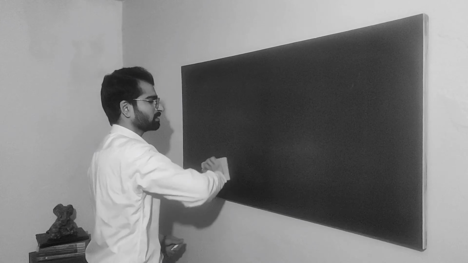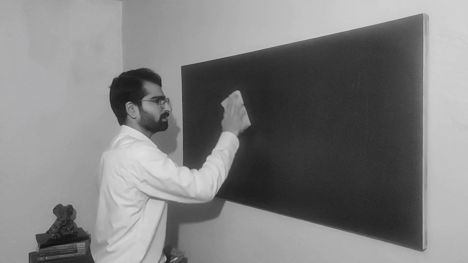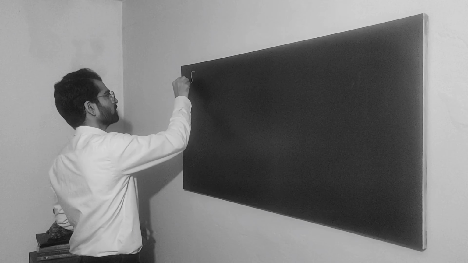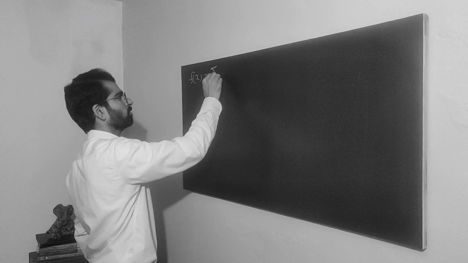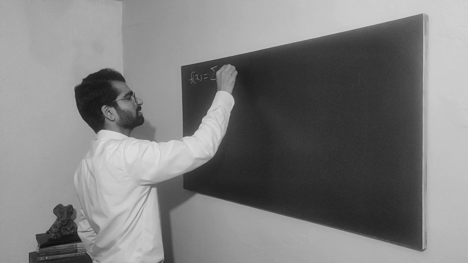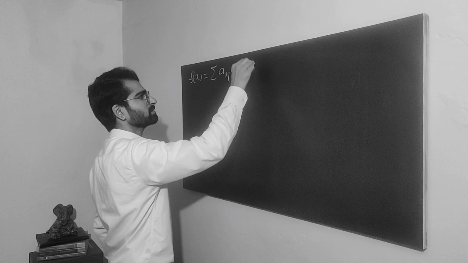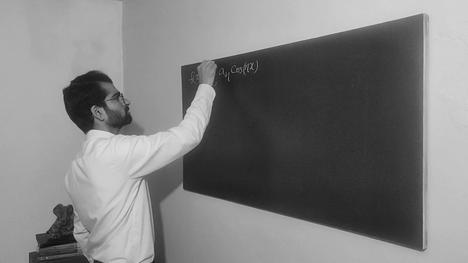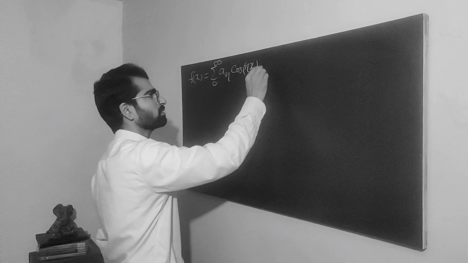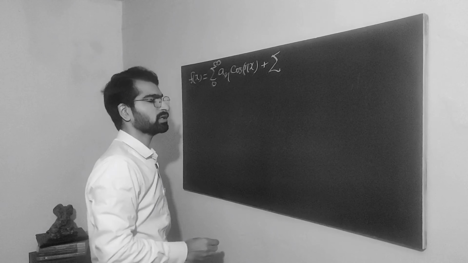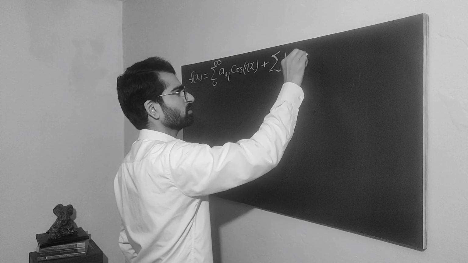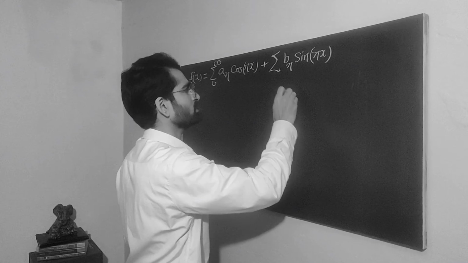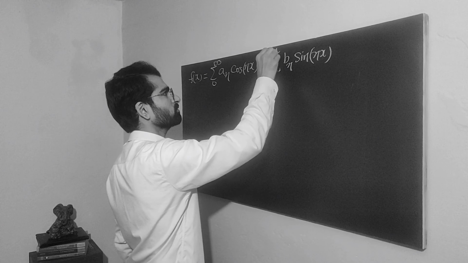And I will start with the sine and cosine form. The function is the summation over cosines, a_n's times cosine of n x, and the sum goes from 0 to infinity, plus the summation over sines, b_n's times sine of n x, and this goes from 1 to infinity.